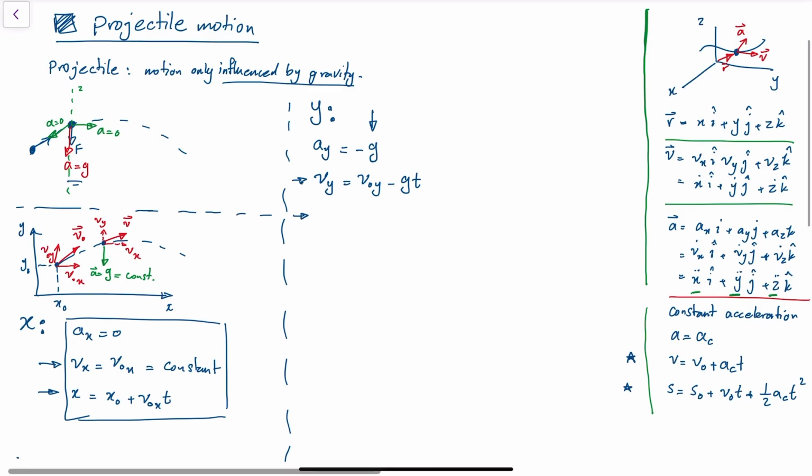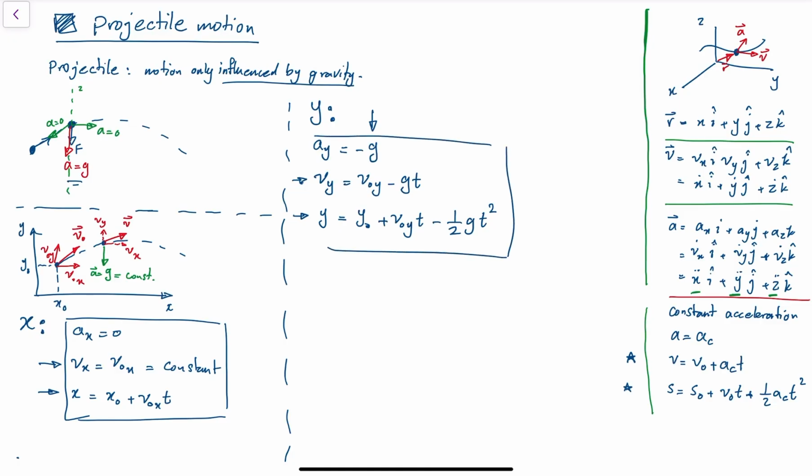And finally, position along the y is initial height plus the initial velocity, v naught y t, minus 1/2 gt squared. And these are the equations for the y component of the motion.